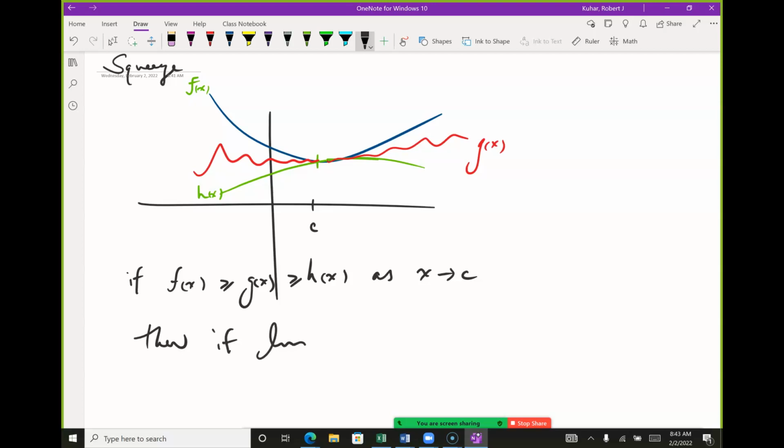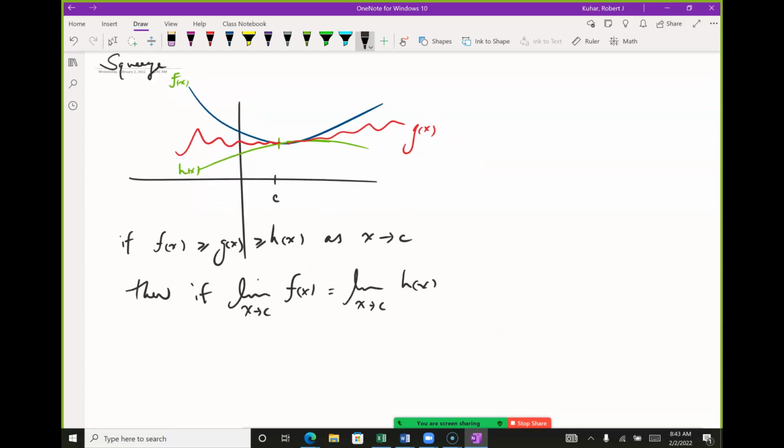If the limit as x goes to c of f of x equals the limit as x goes to c of h of x, if my upper function and my lower function squeeze down to a point, then the inside function has to as well. I'm sorry, it's if, and then it's a then.